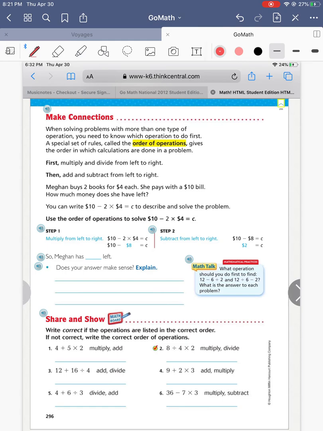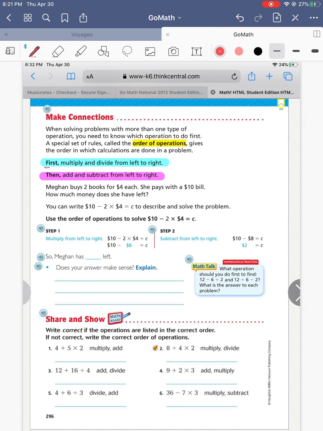A special set of rules called the order of operations gives the order in which calculations are done in a problem. So the order says, first multiply and divide from left to right. So that's the first thing you do. Then add or subtract from left to right.